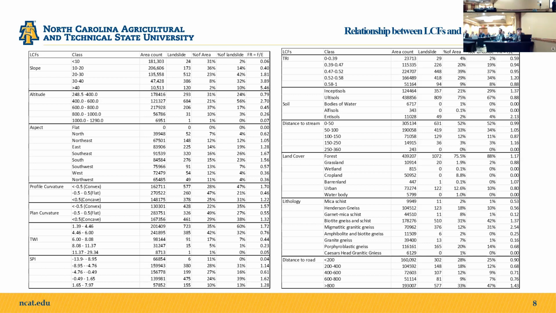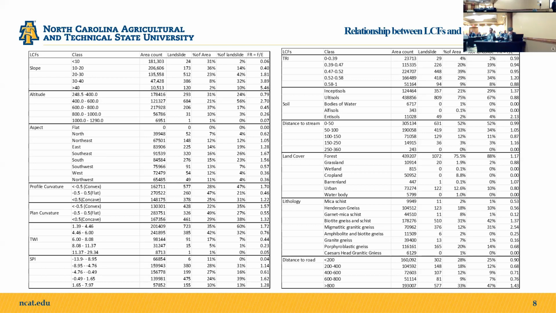If we look at slope, any slope that is greater than 40 degrees, we have 120 landslides there. And the area count, that is, the number of cells in that area, is just 10,513. And we have the highest frequency ratio from that class, which is 5.46.